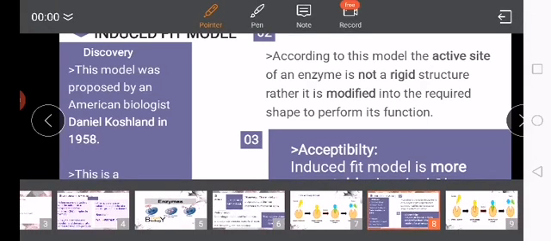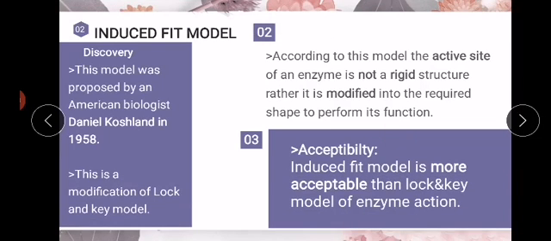Here is another point about the acceptability of this model: the induced fit model is more acceptable than the lock and key model of enzyme action. Earlier, when there was only the lock and key model, everybody believed that this model explains the specificity of enzyme action, but along with that there was a problem related to the rigid structure of the active site.